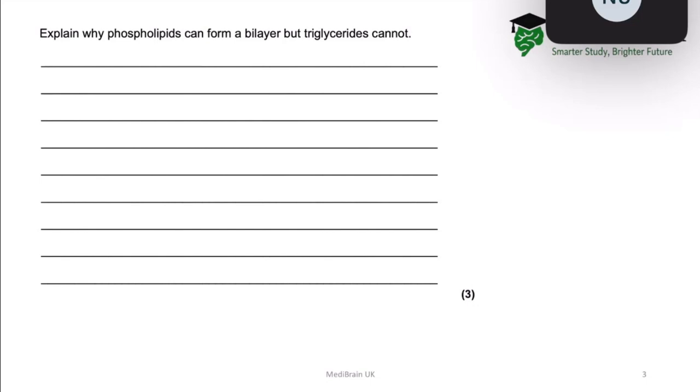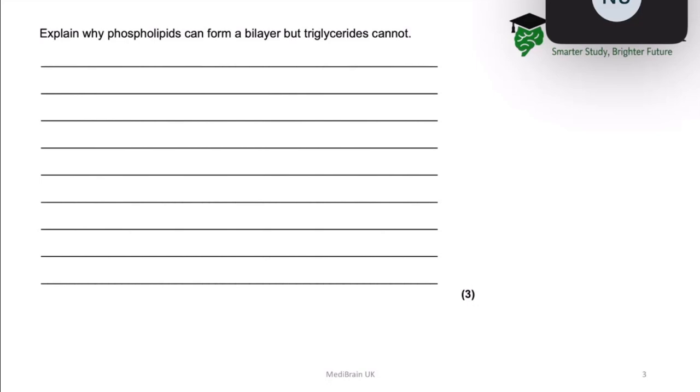The two fatty acids attached to the glycerol are hydrophobic. They will repel water. Triglycerides don't have a phosphate group attached to them. Because of that, they don't have any hydrophilic part. Hydrophilic means that it can interact with water.